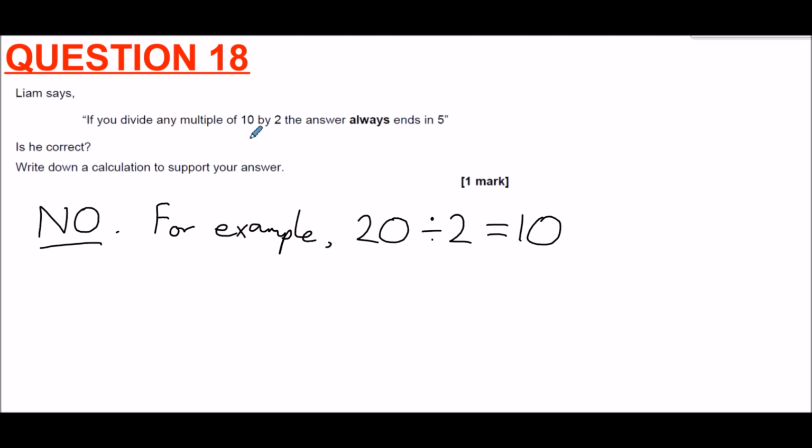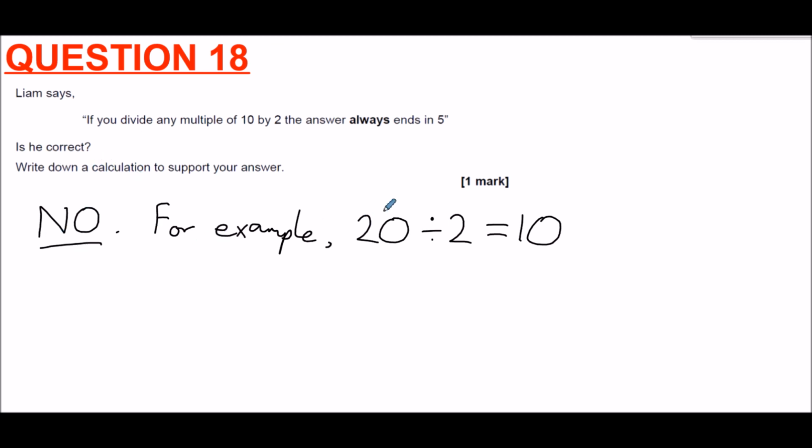So for some multiples of 10 he will be right, but just for as many that he's right for, he'll also be wrong for. 10 divided by 2 does end in 5, as would 30 divided by 2. But 20 divided by 2, 40 divided by 2, and so on, they'd all end in a 0, and so he's not always going to be right.